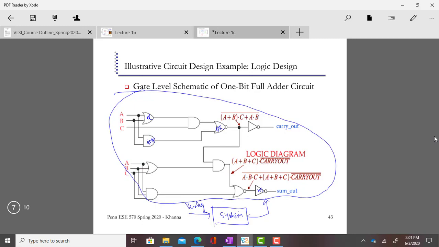You can control the behavior of the synthesizer. You can tell the synthesizer, I want a circuit that is speedy, that has very high speed. I want a circuit that is energy efficient.